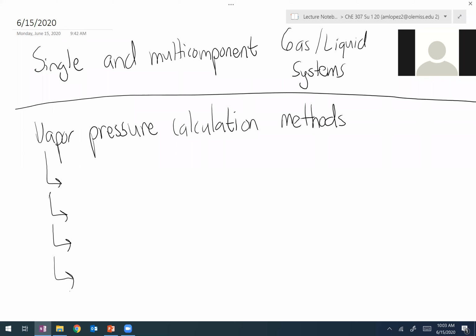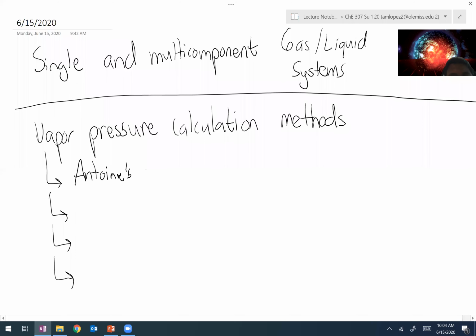We can use Antoine's equation. All right, we had Antoine's equation, and it had that log P star equals A minus B over T plus C. What other methods did we have?